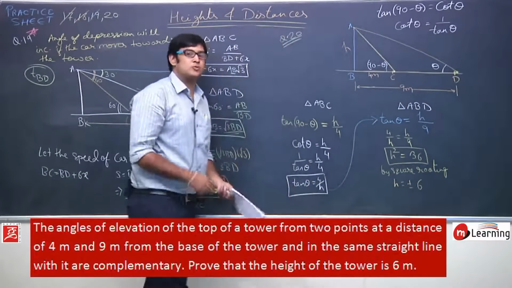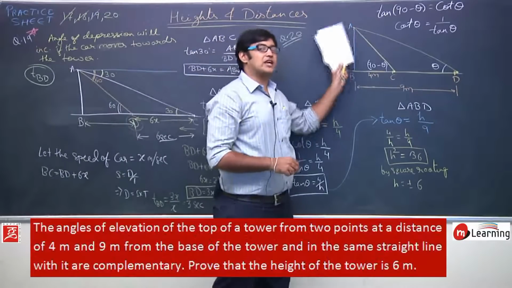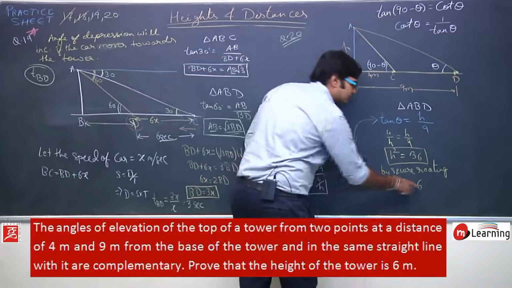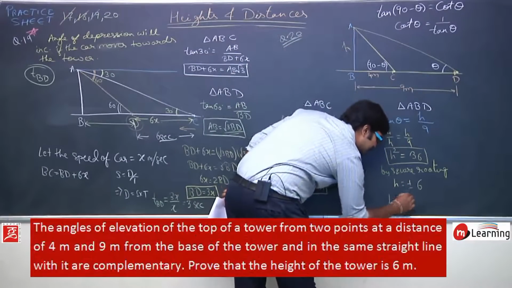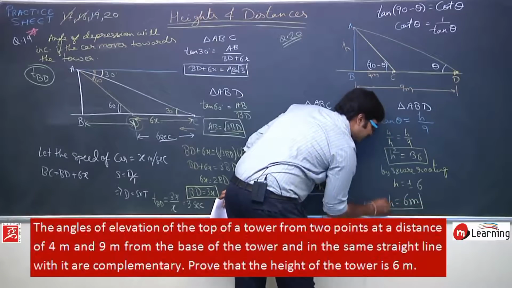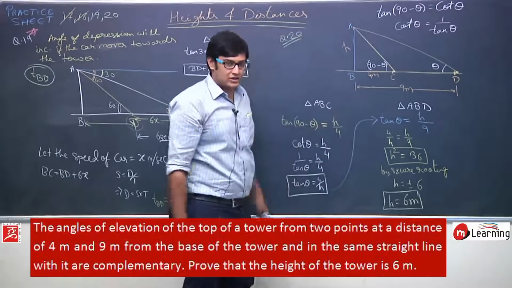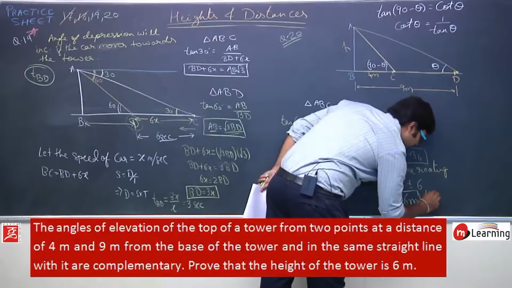But h represents the height of this tower, so height cannot be negative. That's why I will reject h is equal to minus 6, and the value of h that will be obtained is 6 meters. And this 6 meters is AB, which is the height of the tower, and this is what we needed to prove. So, hence proved.